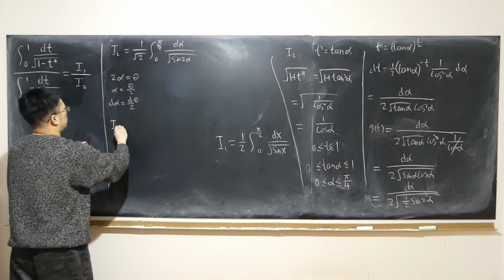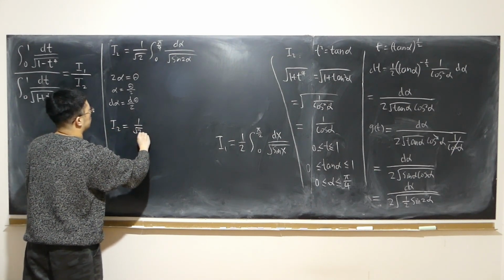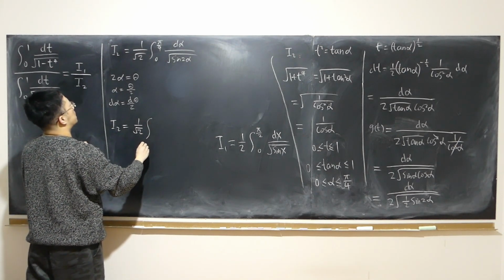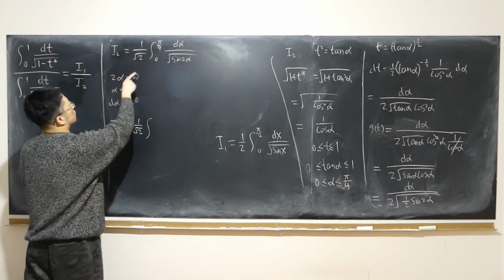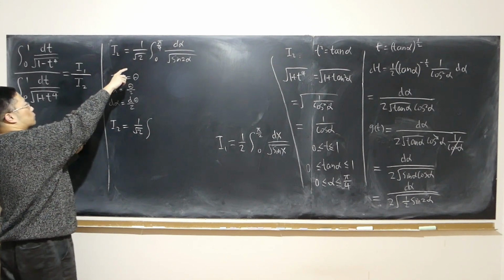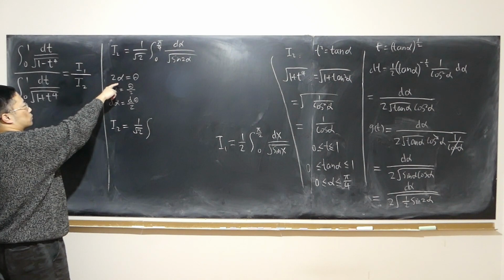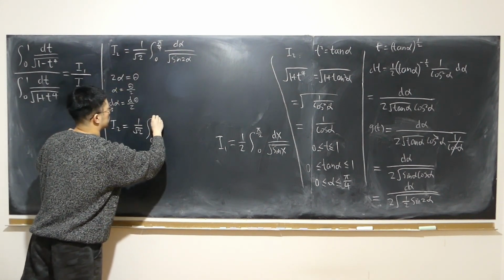So I2 this time is equal to 1 over square root of 2. What's the new boundary now? Alpha is between 0 and pi/4, so theta is twice that, everything just times 2. I have 0 all the way up to half pi.